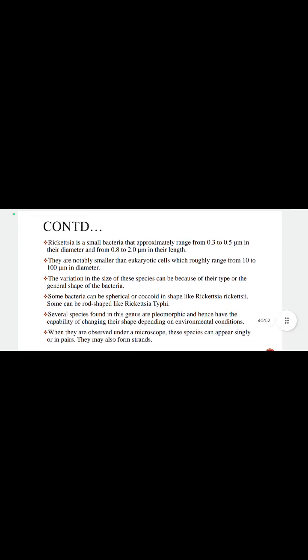The variation in size can be because of their type or the general shape of the bacteria. Some bacteria can be spherical or coccoid in shape, like Rickettsia rickettsii. Some can be rod-shaped, like Rickettsia typhi. Several species in the genus are pleomorphic and hence can change their shape depending on environmental conditions.